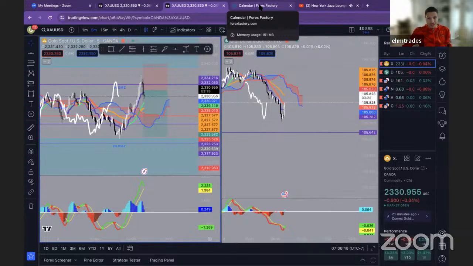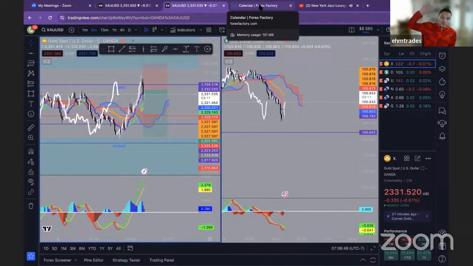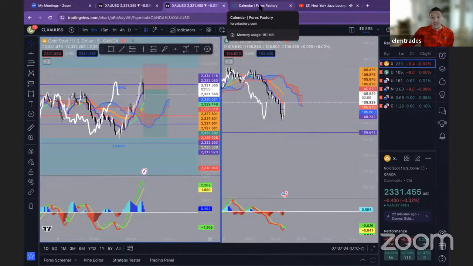I want to contrast it to our news folders for the rest of the week, right? Because that's all I care about. I don't really necessarily need to know how the year is going to end. Yes, we do our top-down analysis, I look at my weekly, I look at my daily. I just want to know how stuff is going to affect what's to come in the short term, because that's how we utilize it, right? We scalp.